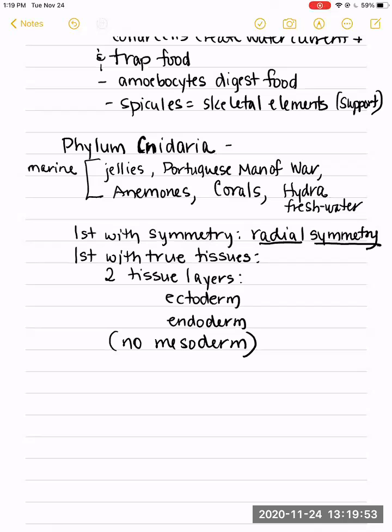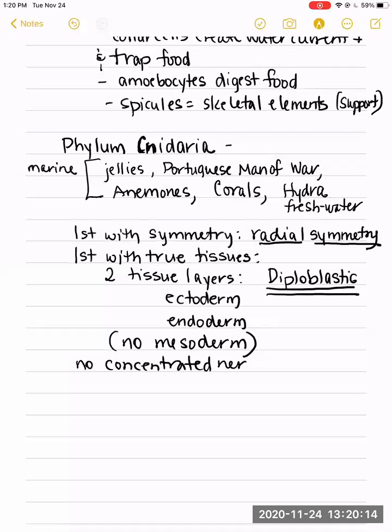When you just have two tissue layers, you're what's called diploblastic. So all cnidarians are diploblastic, meaning all their structures come just from two tissue layers. They don't have a concentrated nervous system. So they have a very primitive response system.